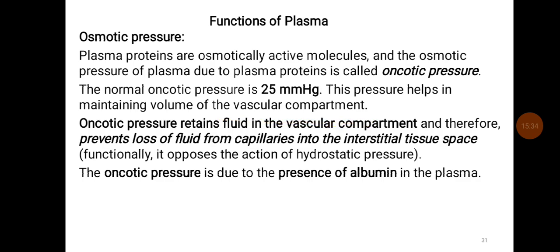The oncotic pressure retains the fluid in the vascular compartment and therefore prevents loss of fluid from capillaries into the interstitial tissue space. Functionally, it opposes the action of hydrostatic pressure. The oncotic pressure is due to the presence of albumin in the plasma, that one should remember.